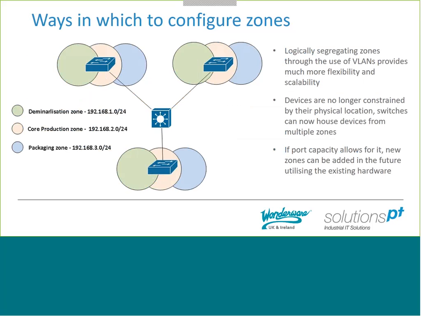boundaries. So if we were to look at a logical way of doing it, we're now introducing VLANs. So you can see there we've now got different devices that can host traffic in different zones. So we're not bound by these or constrained by these physical locations, and it makes it a lot more flexible if we want to add new zones in the future, if you've got the ports available, of course.